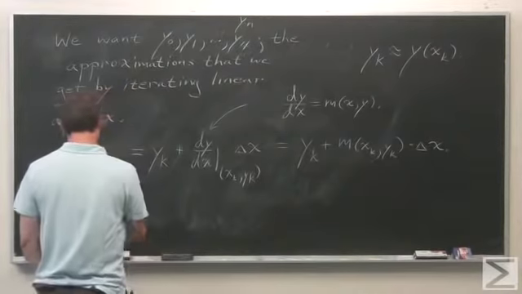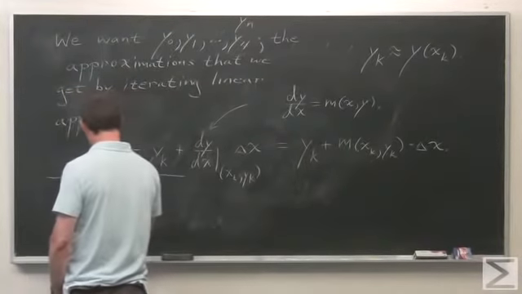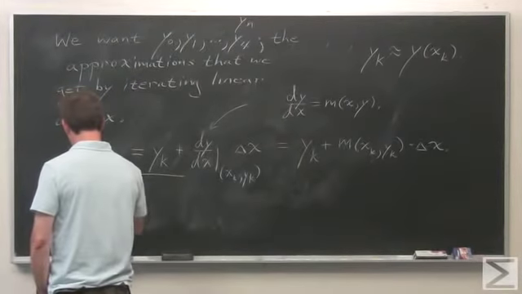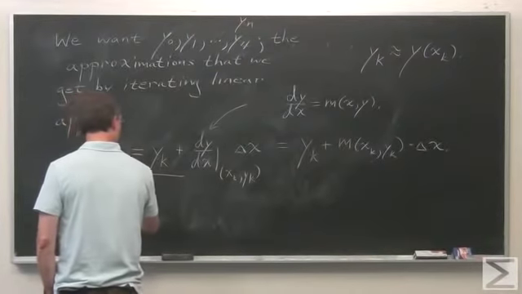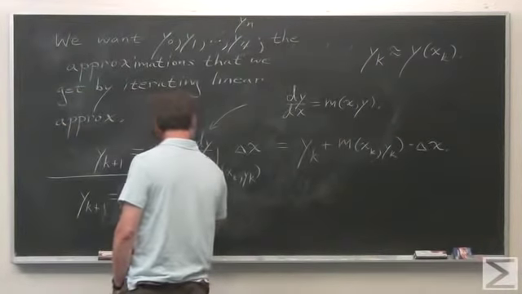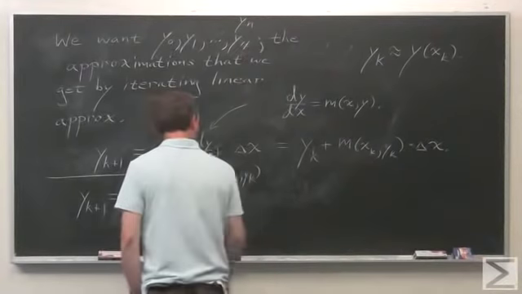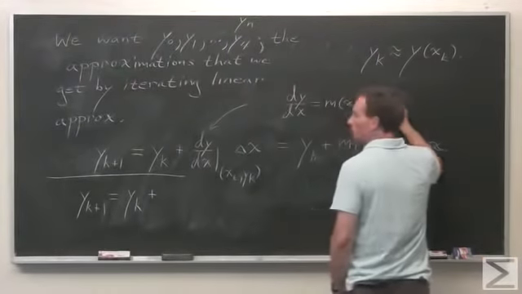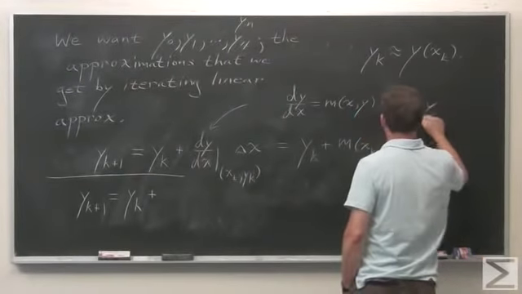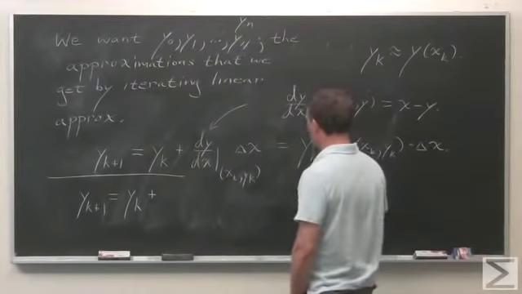So, for instance, in our particular case, each next y coordinate is the previous y coordinate, or previous y approximation, plus, in our case, this m of x, y is x minus y. Right? We had dy dx equals x minus y.